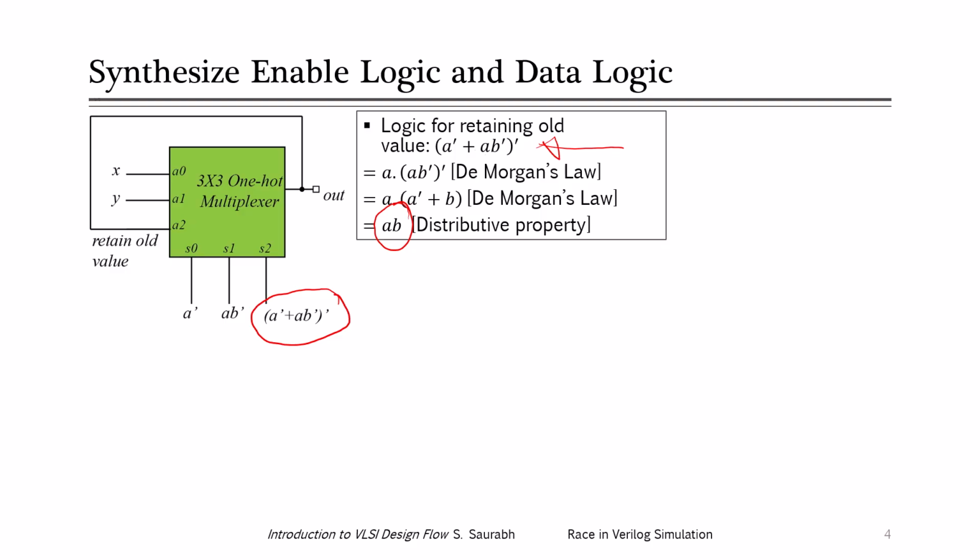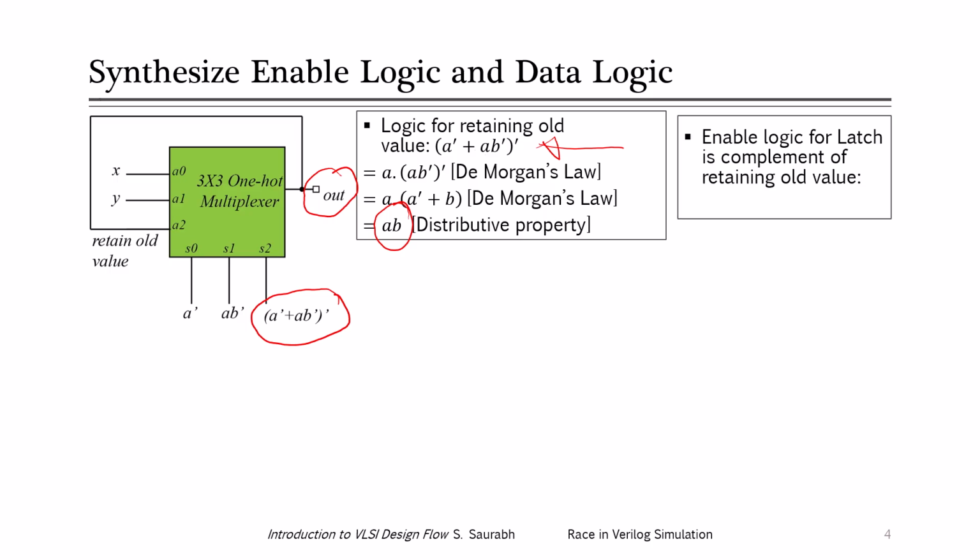That is the case when out will not get updated, and that implies that out will be retaining its value, right? And therefore the function AB represents the function under which out will retain its old value. And therefore what is the enabling condition?